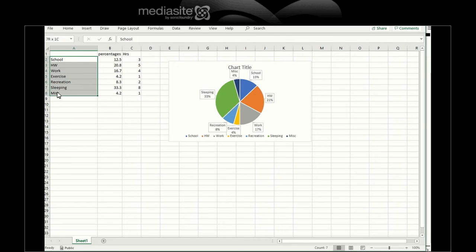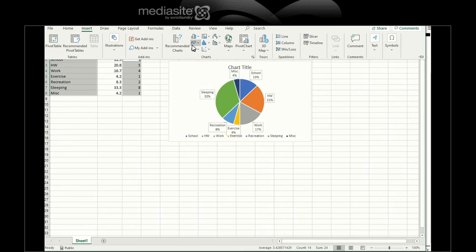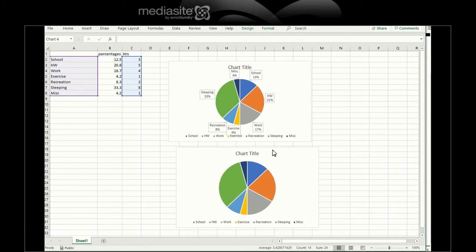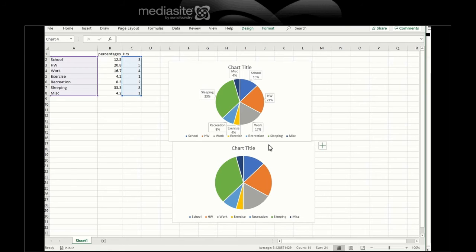Let me do this. I'm going to highlight and drag, do control. Let's do it with hours instead of percentages, see what we get. Wow. Looks the same.